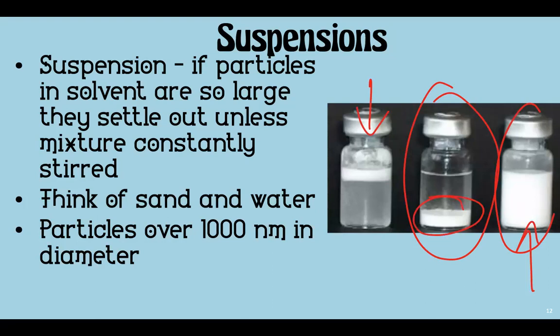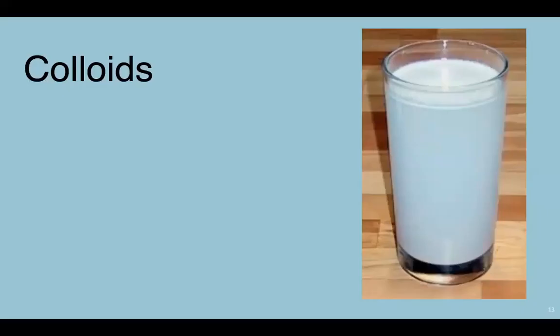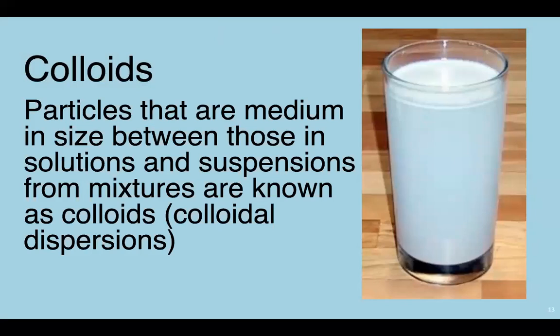So solution, just to review, is between 0.01 nanometers to 1 nanometer, and then we've got colloid in the middle, which is coming up next, and suspension, which is greater than 1,000 nanometers, which would be a micrometer, I think. All right, and then we have colloids.